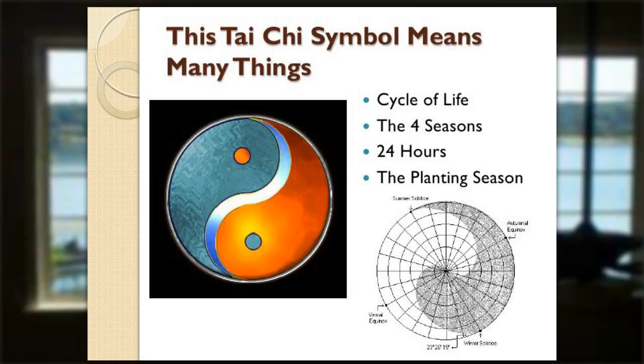The middle of the day is down closer to the bottom. And then as we get to the thinner portion of the blue, which is the Yin, we're now getting into dusk. And then the middle of the night is up at the top. So it's been used for a lot of different things to represent things in a person's life, the Tai Chi.